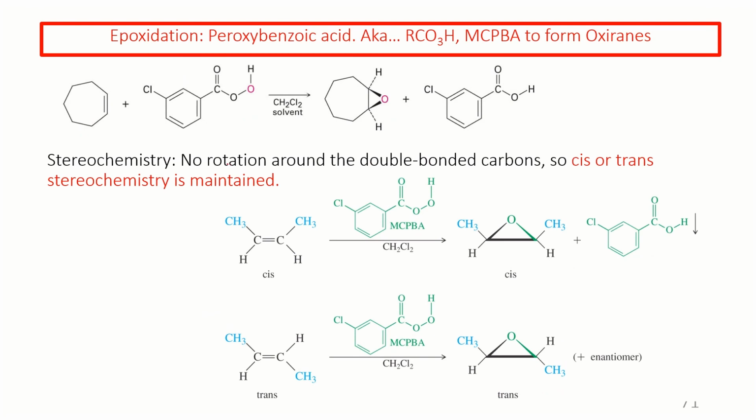Here is another reaction that's terribly important to us. This is the formation of oxiranes. In this case, we're using a peroxycarboxylic acid called MCPBA, which stands for meta-chloroperoxybenzoic acid. And again, it is syn addition, or a syn attack, I should say, and the result is an oxirane ring where the stereochemistry is retained.